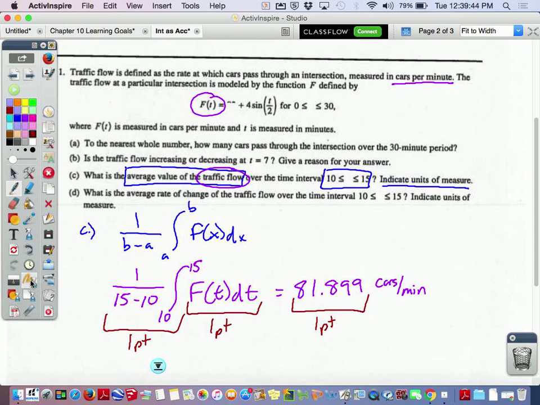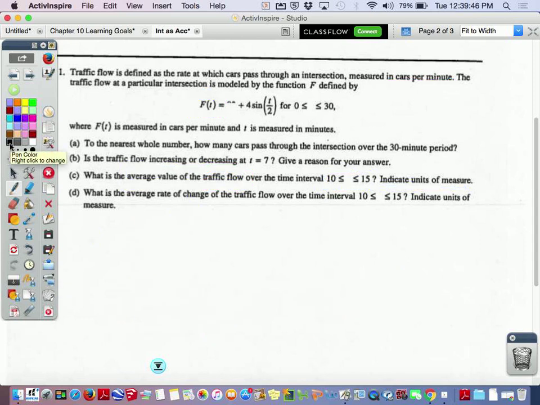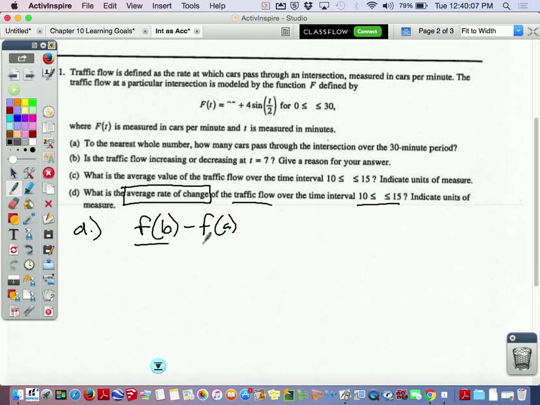Which brings us to part D. It says, what is the average rate of change of the traffic flow over the time interval 10 to 15? Indicate units of measure. Average rate of change. For that, we're using this formula. Average rate of change is f of b minus f of a over b minus a. We're using that with our traffic flow equation.